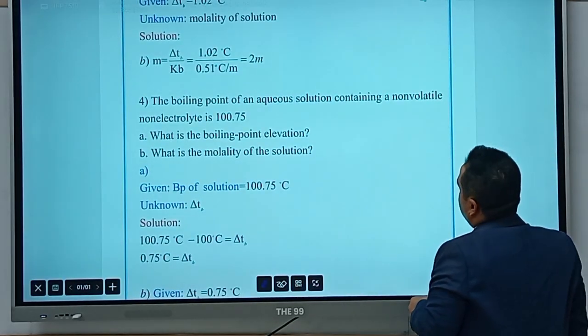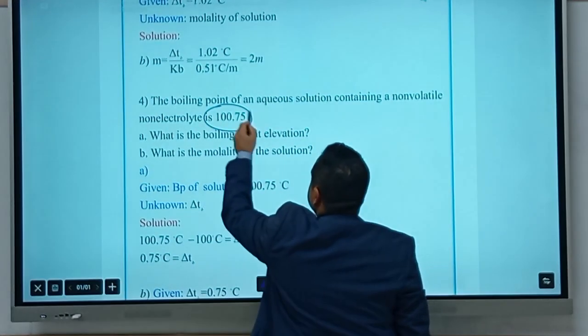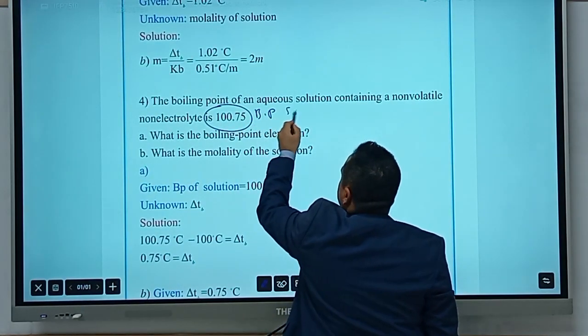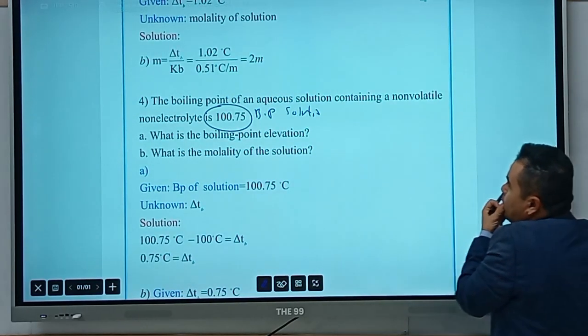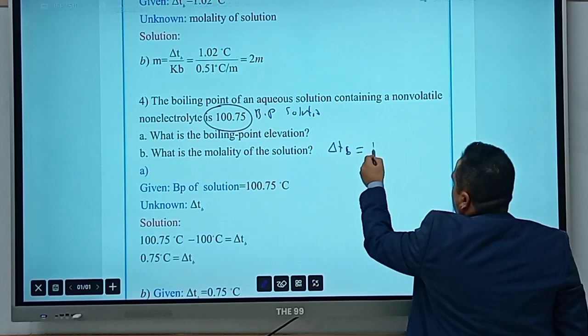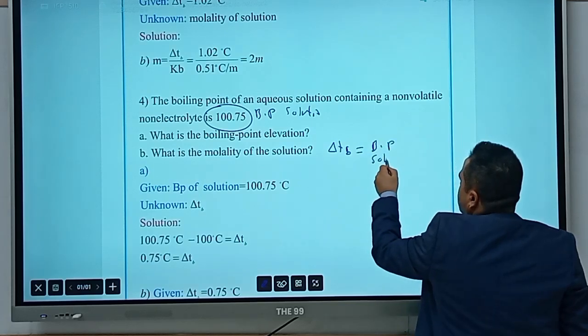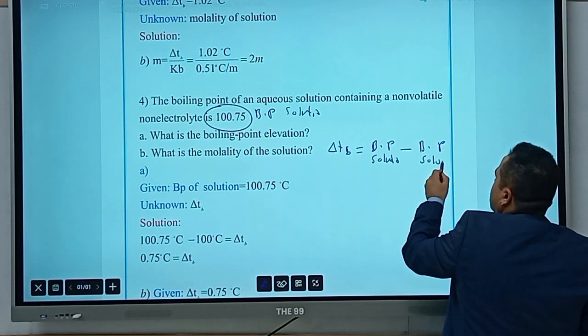The boiling point of an aqueous solution containing a non-volatile non-electrolyte is 100.75. This is the boiling point of the solution. What's the boiling point elevation? Delta TB is equal to the boiling point of the solution minus the boiling point of the solvent.